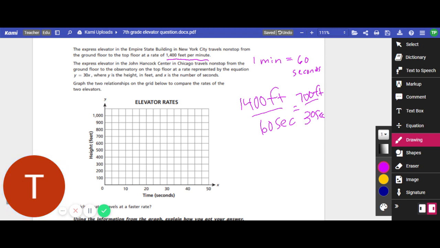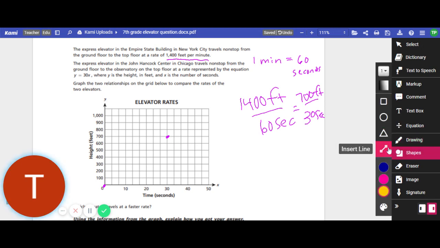I can graph that. I can put a point on the graph at a time of 30 seconds up to 700 feet and put a dot there. I know that at 0 seconds, the elevator was at 0 feet, so it's going to go through my origin. So now I can take my shapes function on my Cami, catch a line, and I could draw a line.